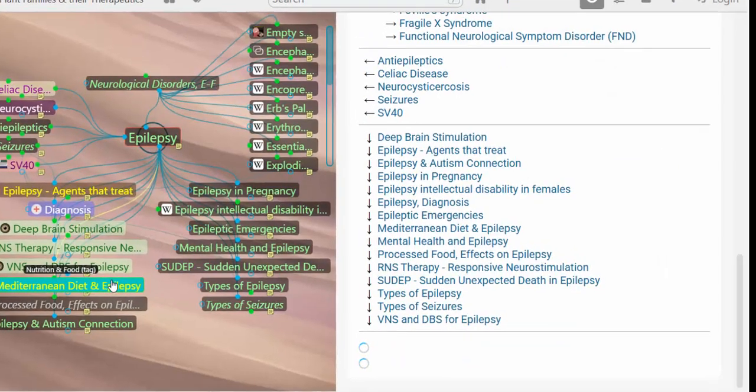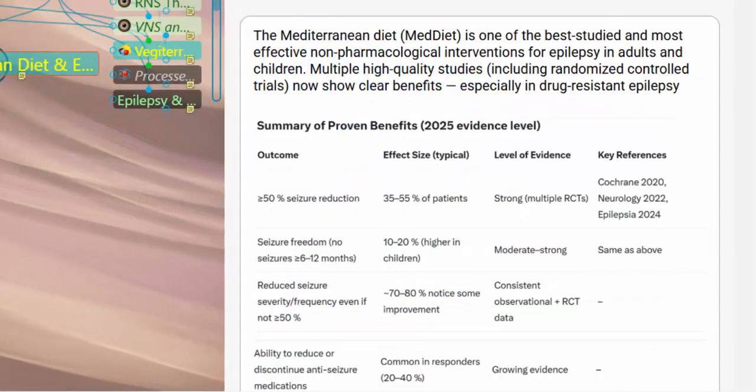Mediterranean diet and epilepsy. This is one of the best studied and most effective non-pharmacological interventions for epilepsy in adults and children. Multiple high-quality studies, including randomized controlled trials, now show clear benefits, especially in drug-resistant epilepsy.